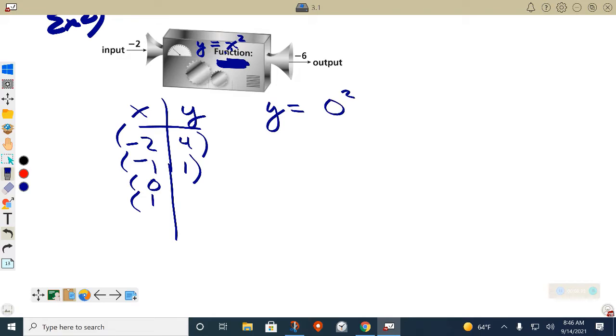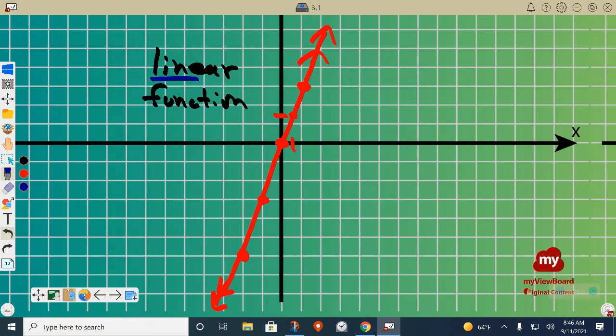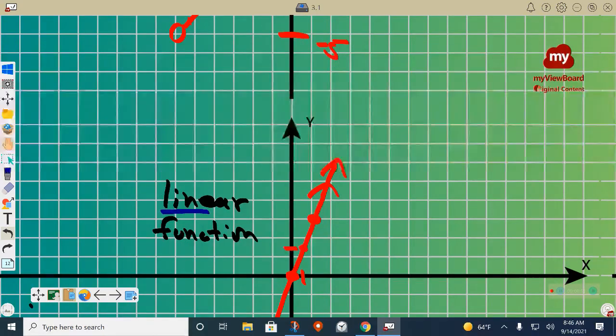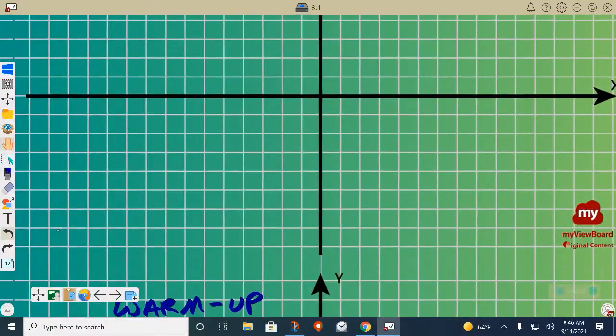Putting inputs in the machine, that's going to be 0. Next in the machine, a 1 squared. 1. All right, let's graph this puppy. Going to make another x and y axis.